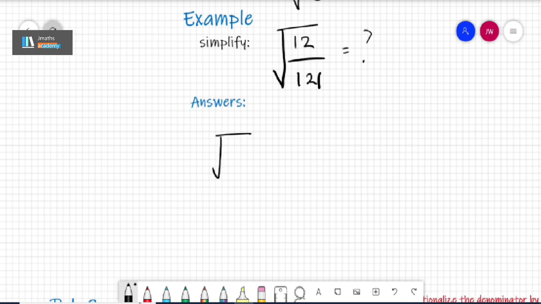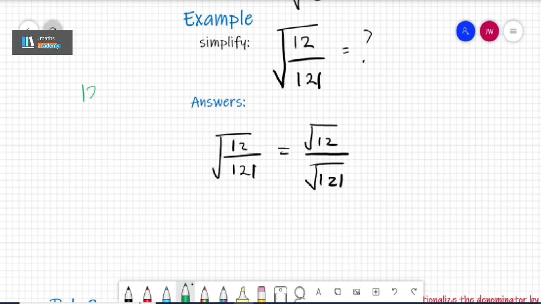And if you have a single root of a division or a single root of a fraction, this can be broken down to the square root of 12 over the square root of 121. And I love to factorize. So if you are to factorize 12, 2 can go into 12, 6, 2 can go into 6, 3, and 3, 1.